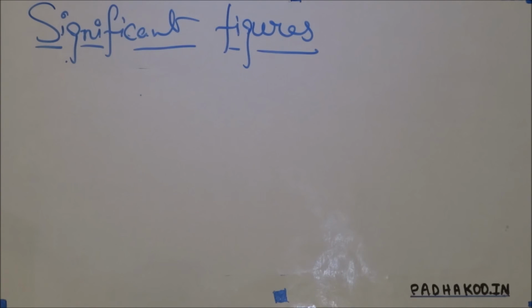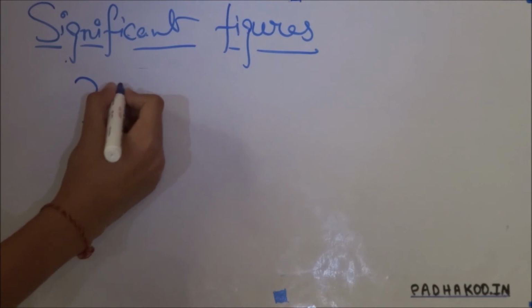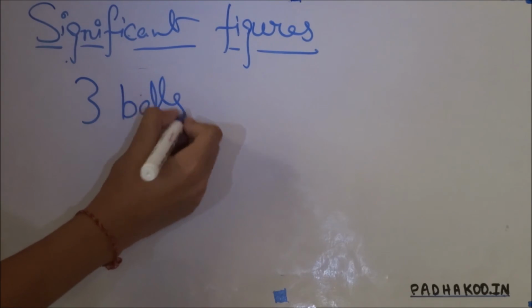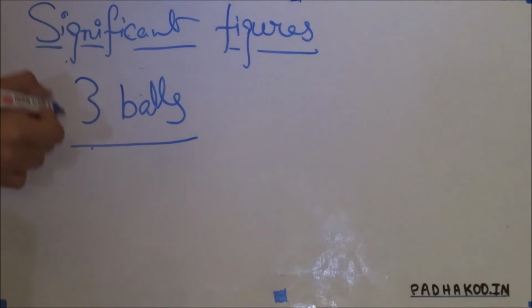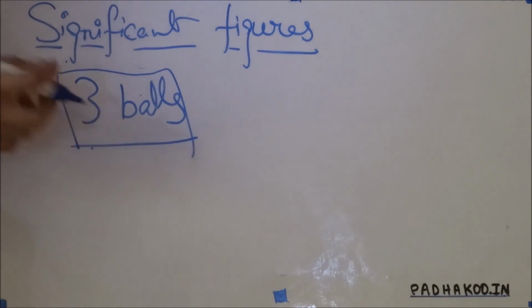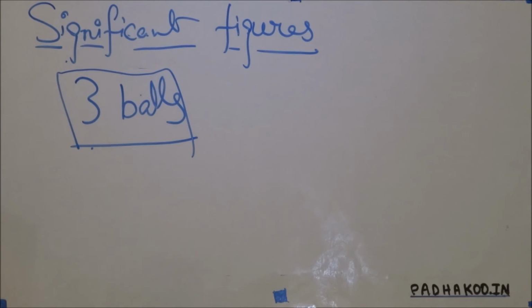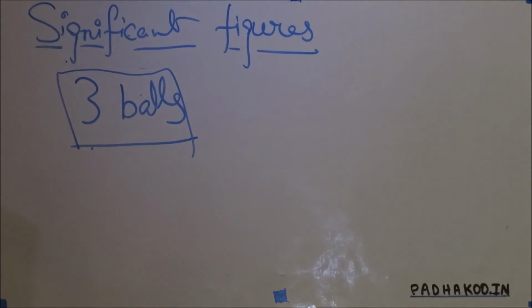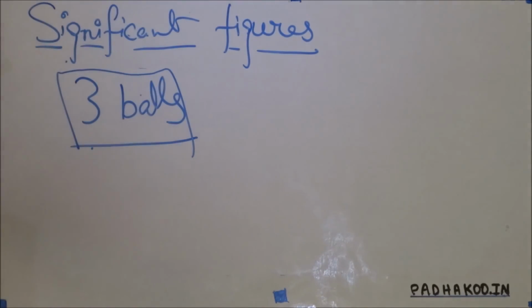And one last thing, counting objects. Like you're counting, there are 3 balls, 20 glasses, 5 switches, 8 pencils. So, 3 balls is a whole number, and you are counting the balls 1, 2, and 3. Suppose I have 2 whiteboard markers.